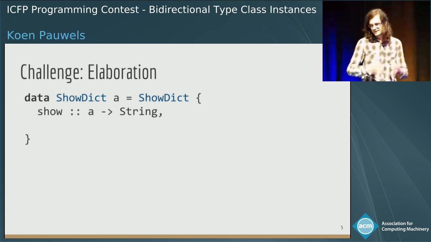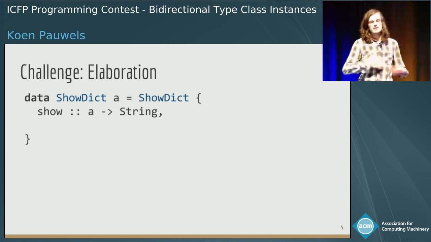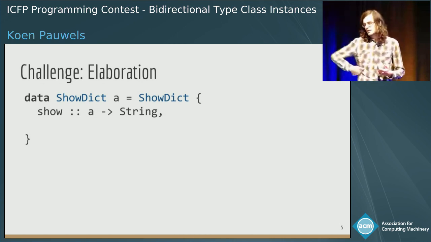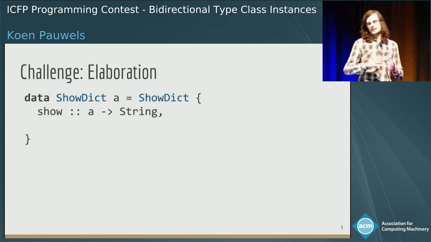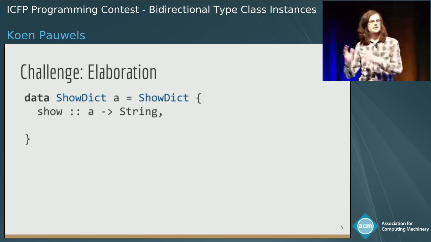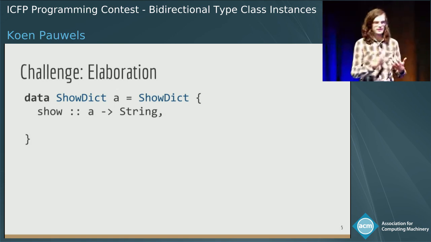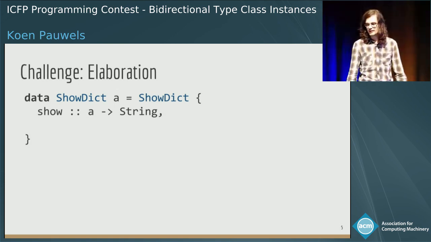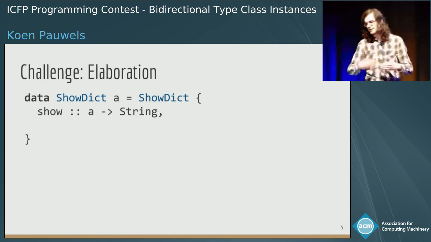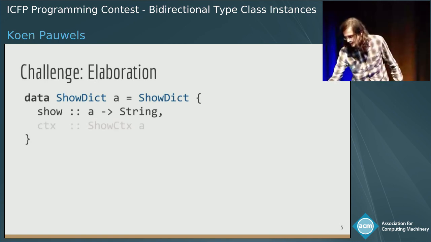And we want our extension to be as minimalist as possible, a small extension to this existing established dictionary passing scheme. Long story short, that means that we want to store the instance context dictionaries in these type class dictionaries.